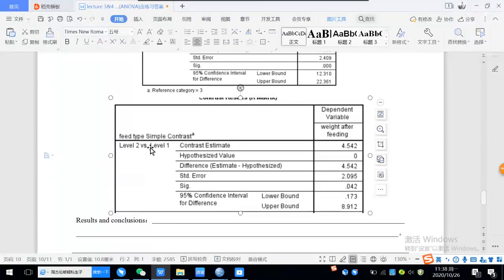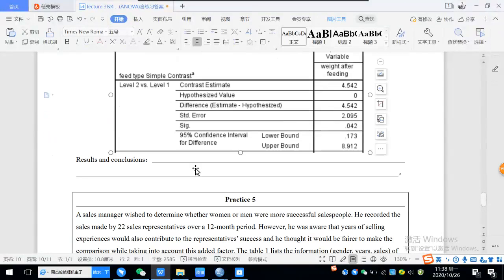So type 2 is the best and type 3 is the worst.